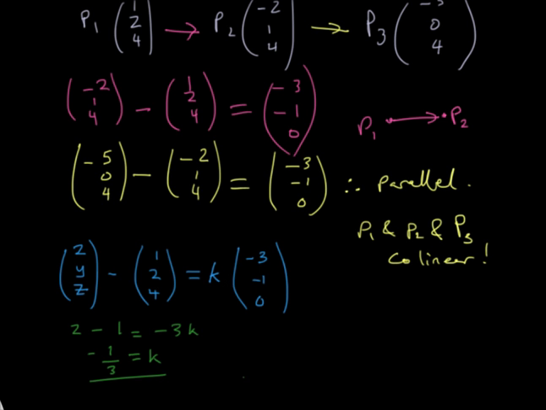Awesome, that's done. The next one is y minus 2 equals minus k. We know that k is minus 1/3, so minus k is positive 1/3. So we get that 1/3 plus 2 is our y coordinate.